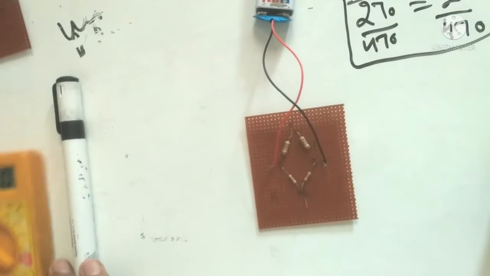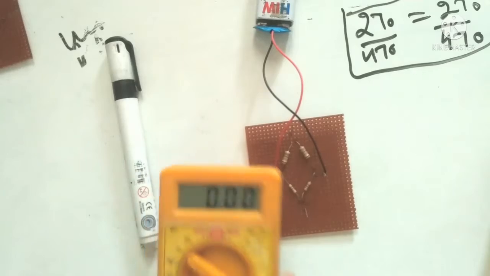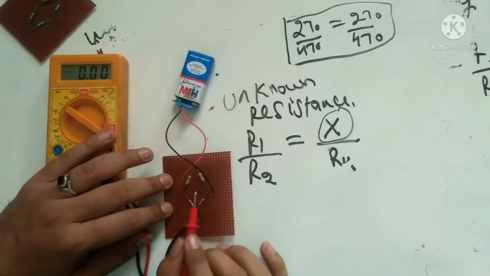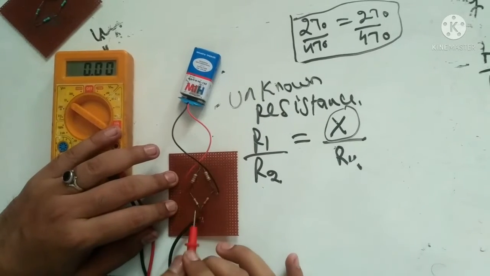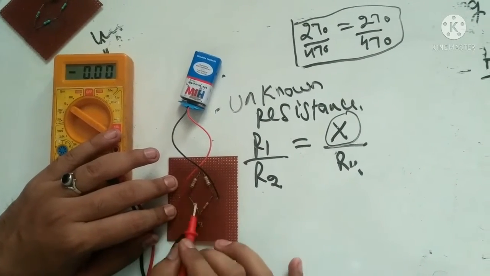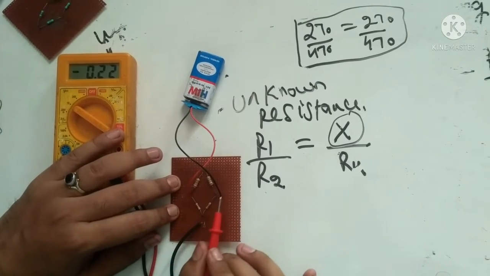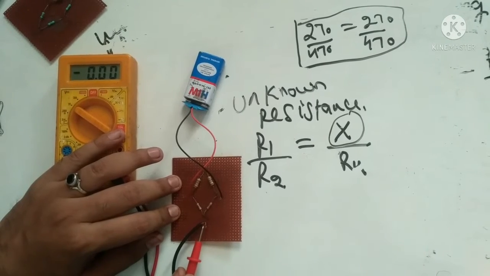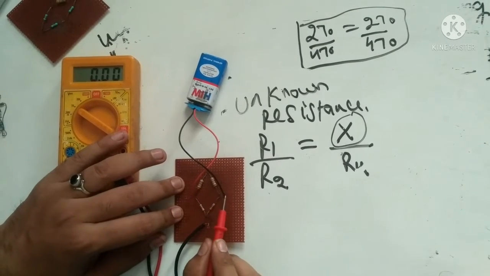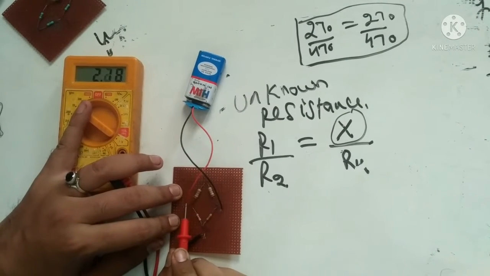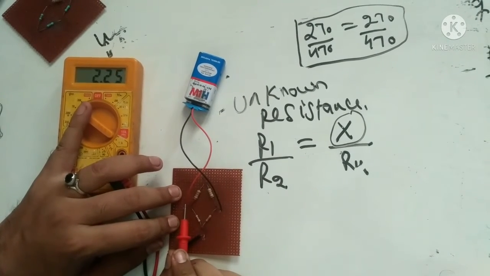We will check the voltage again. So students, you can see these four resistances are connected here: 270 ohm, 270 ohm, 470 ohm, 470 ohm. So the ratio is the same, and the battery is connected between the opposite ends. So here I connect one end of the multimeter, and you can see there is a voltage between these two ends also.